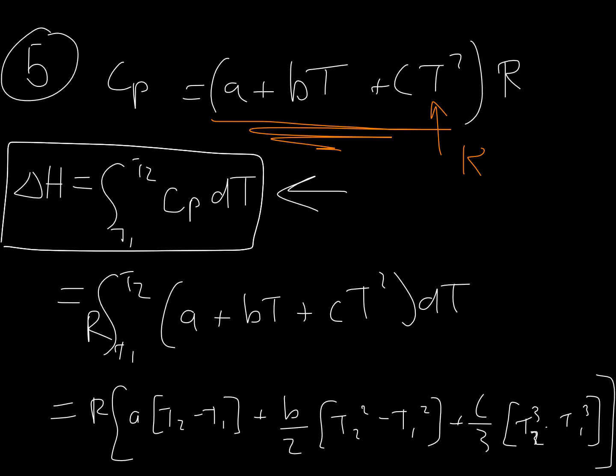So delta H is equal to H2 minus H1, right? H2 is at temperature 2, H1 is at temperature 1. What's convenient is to say that H minus H ref is what I'm trying to calculate.